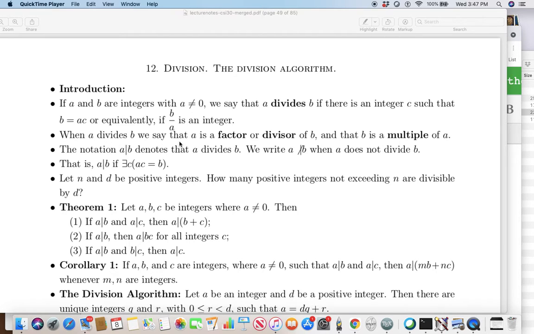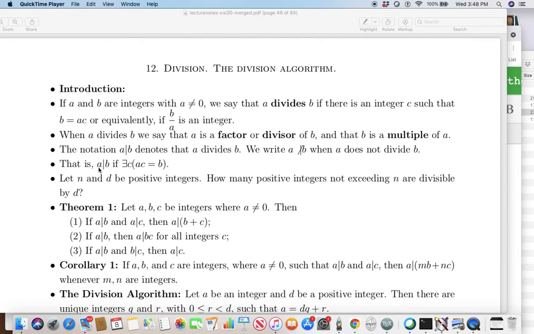When a divides b, we say that a is a factor or a divisor of b, and that b is a multiple of a. The notation a vertical slash b is used to denote that a divides b. We write a vertical slash crossed out b when a does not divide b.